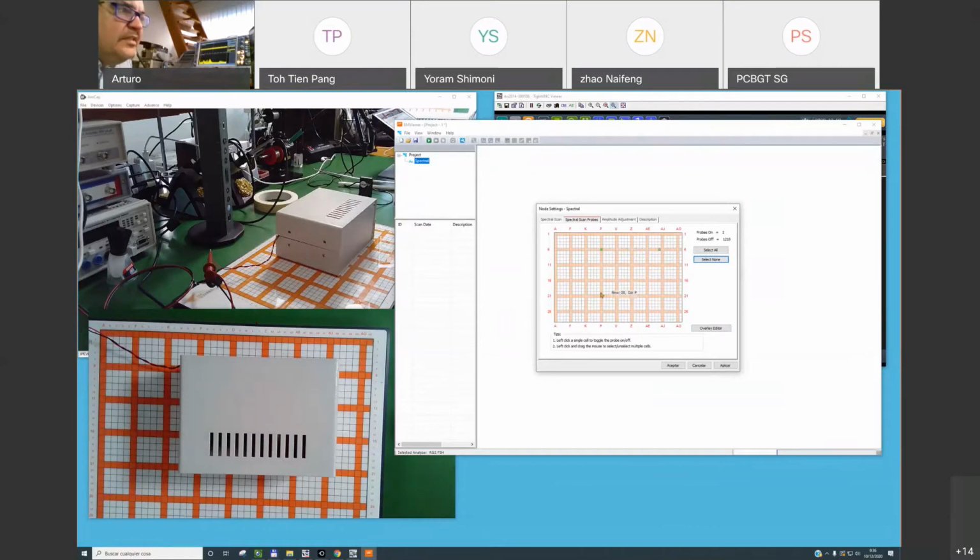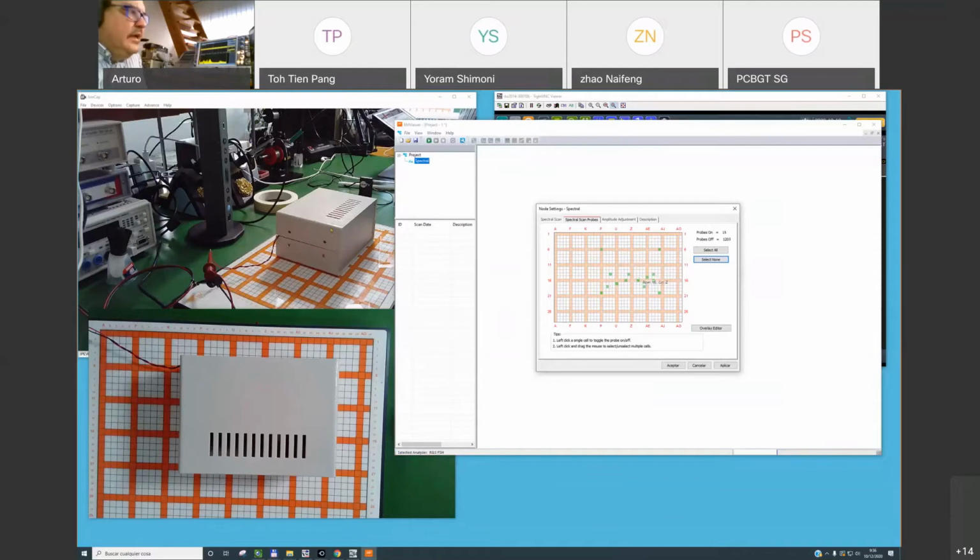So it's number 20. I am selecting with green color the active probes that are exactly in the corners of my enclosure. I can identify some specific cells to scan what frequencies are coming from my product.